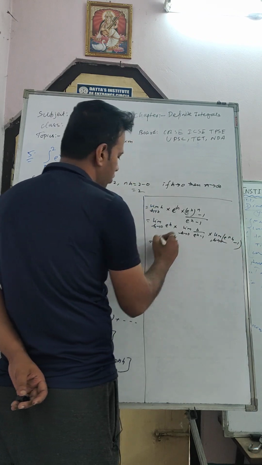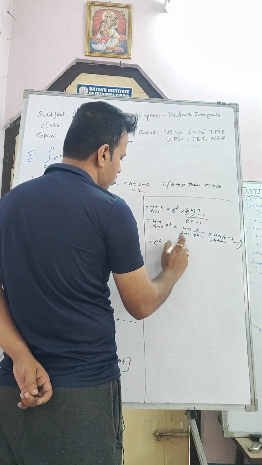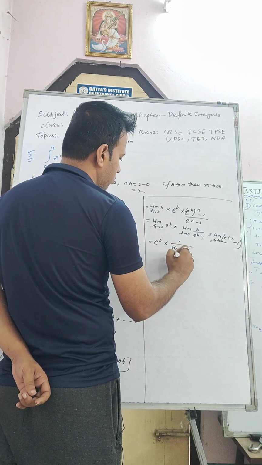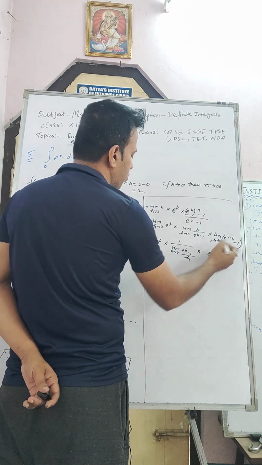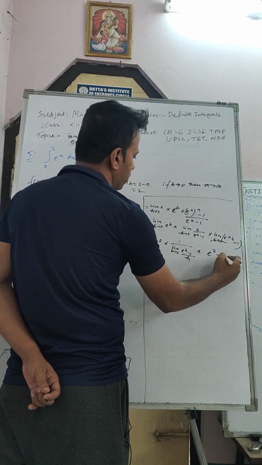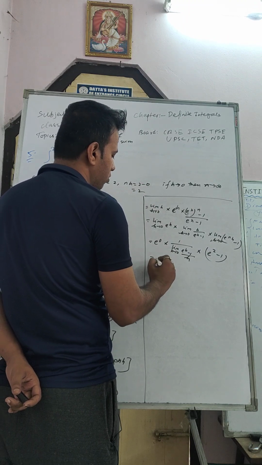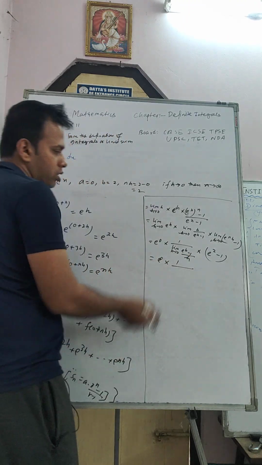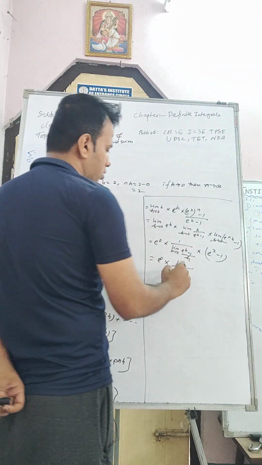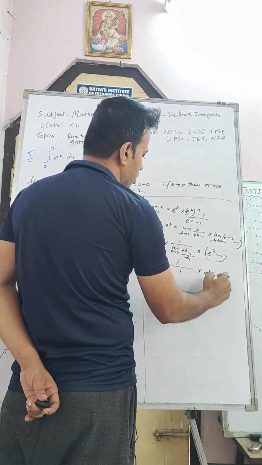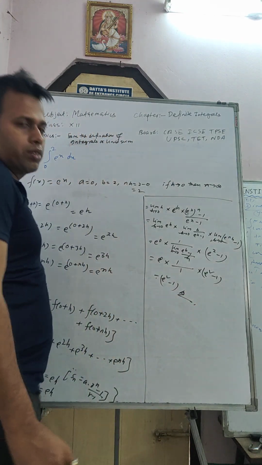Here e to the power h is 1 by 1 times limit h tends to 0 of (e to the power h minus 1) by h, and e to the power nh, where nh is 2, gives e squared minus 1. This is the limit formula: limit x tends to 0 of (e to the power x minus 1) by x is 1. So the answer will be e squared minus 1.